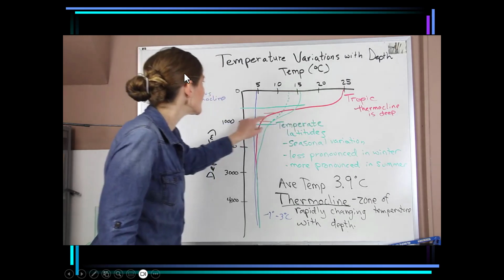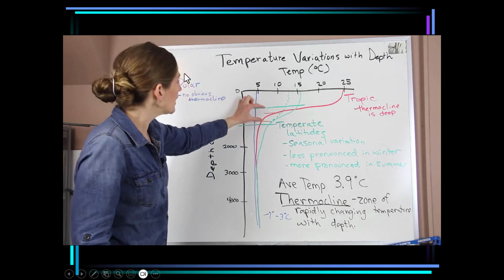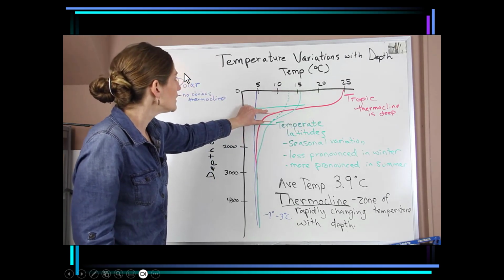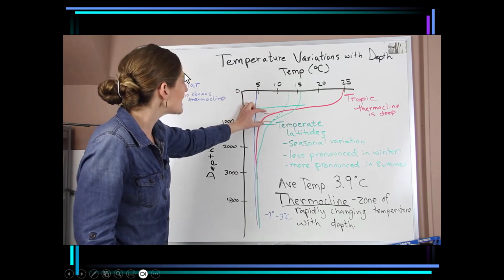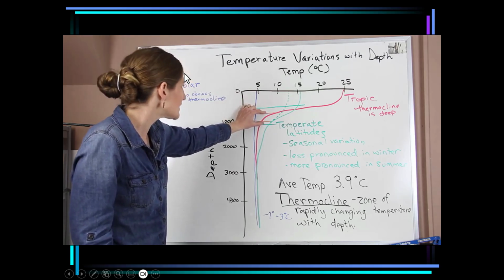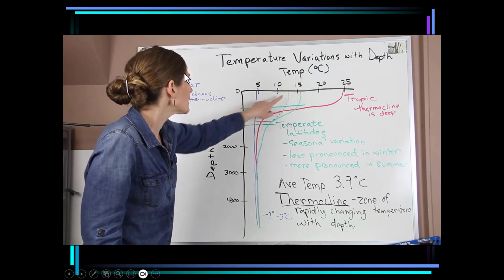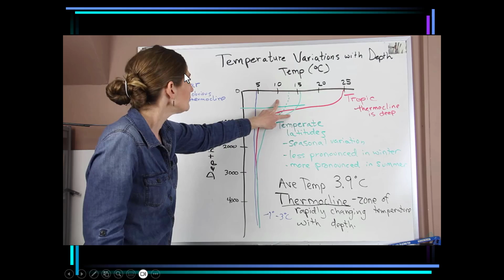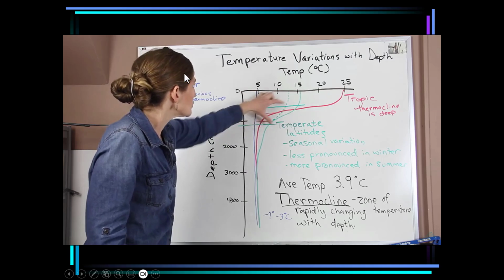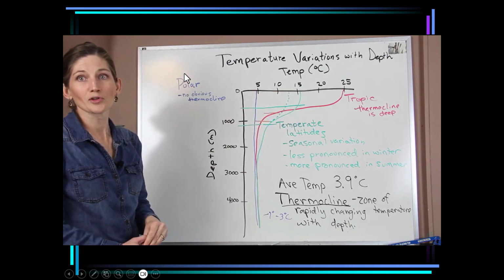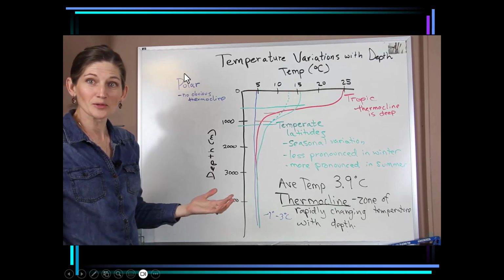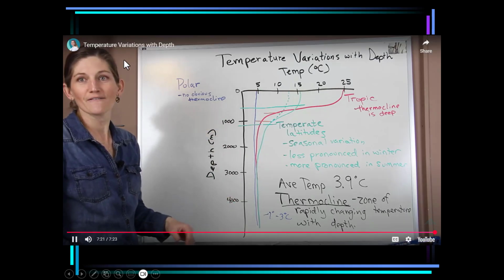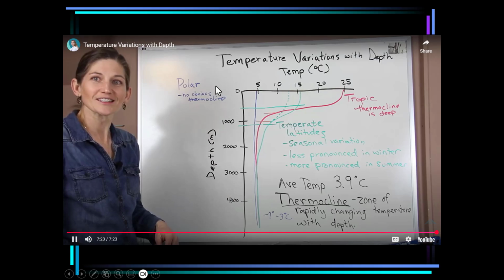In our tropics, we see a very significant change, and it's a smaller zone, but it's deep, and it does have a transition. In our temperate areas, we see seasonal variations in our thermocline, and it's a much wider zone where we see that transition in temperature. I hope this helps you better understand how temperature varies with depth in our oceans.